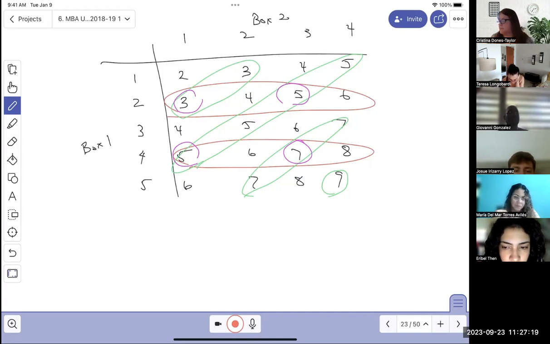So look at red. Inside of red would be the subset of A. Right? So probability.